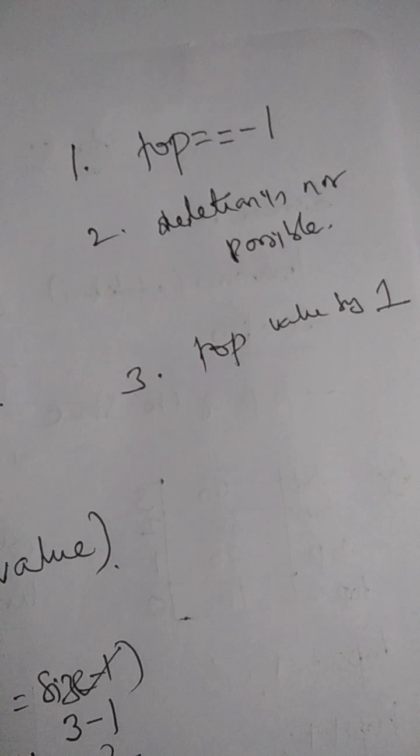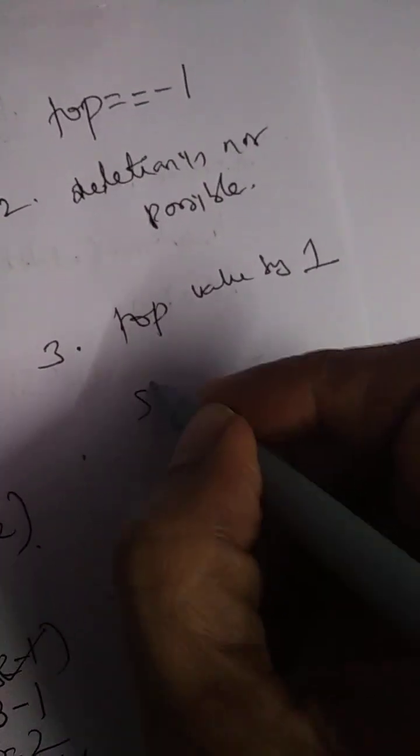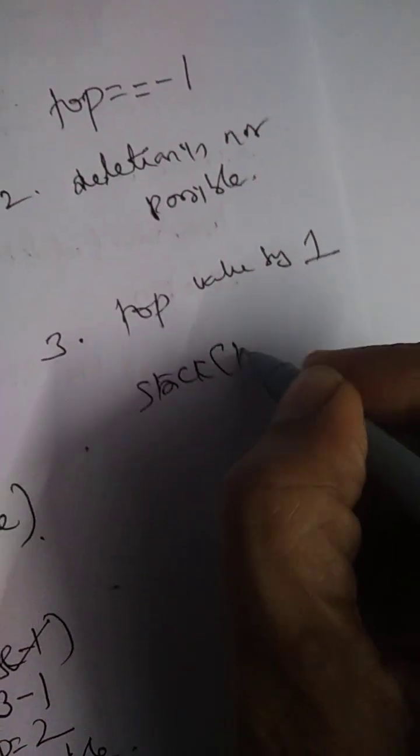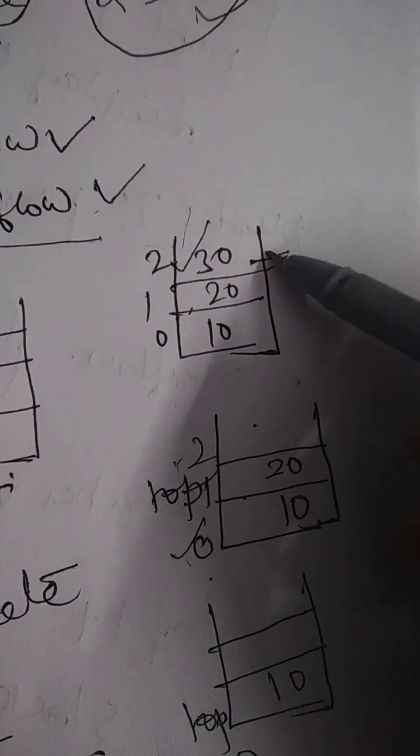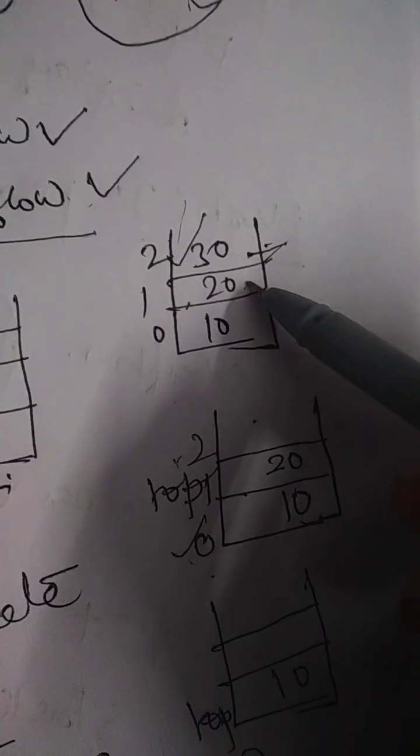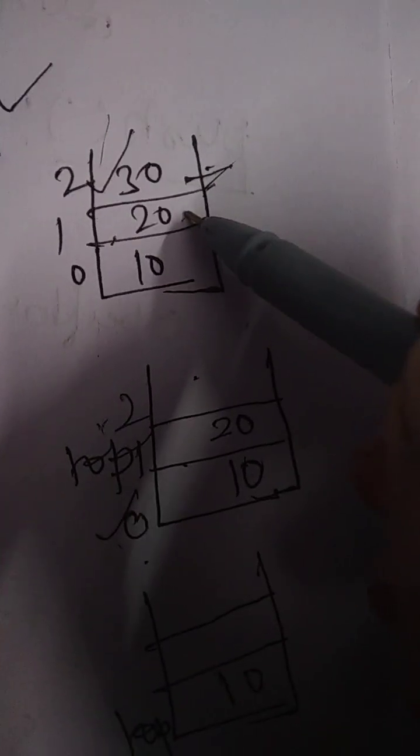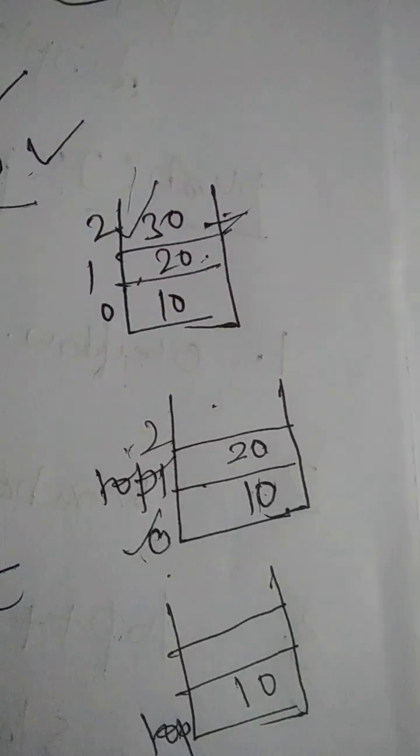So you have to assign stack of top to the next value, like this. Here you are deleting element 30, the top is decremented by 1, and the top is assigned like this. For this assignment we are using stack of top.